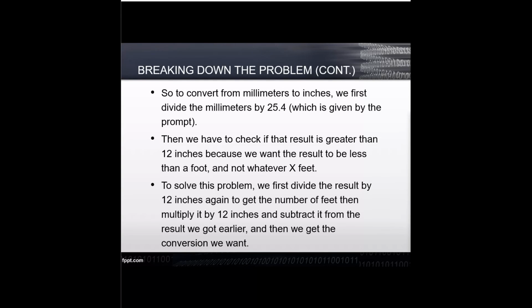Then we have to check if that result is greater than 12 inches, because we want the result to be less than a foot and not whatever x feet. To solve this, we first divide the result by 12 inches to get the number of feet, then multiply it by 12 inches and subtract it from the result we got earlier, and then we get the conversion we want.